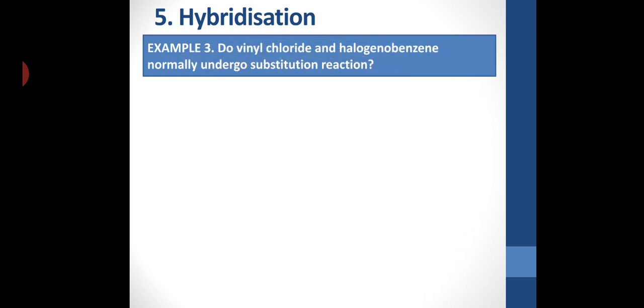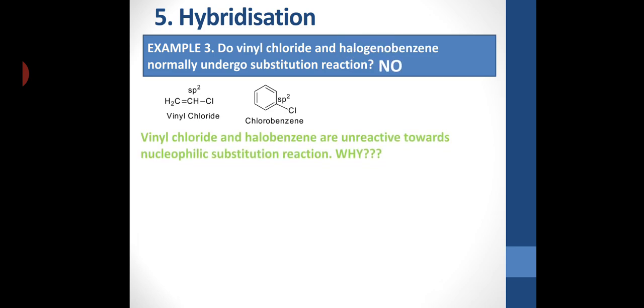Example 3. Do vinyl chloride and halogenobenzene normally undergo substitution reaction? The answer is no. But why? Notice in these compounds, though phenyl ring or double bond is present, resonance stabilization has no role to play.